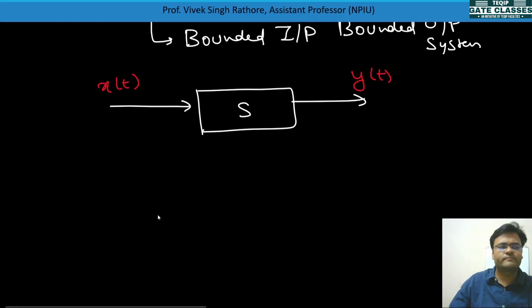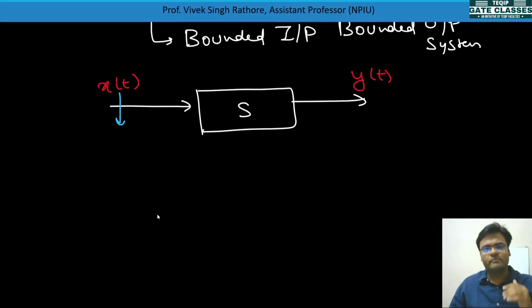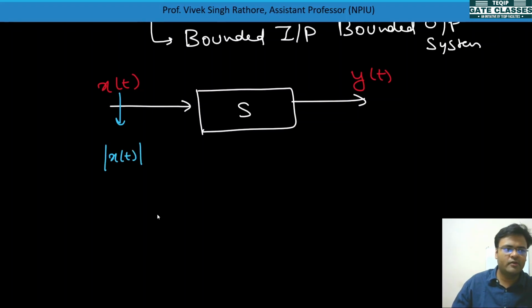So see, I told you earlier also about bounded and unbounded signals. Whenever we say bounded, it means amplitude bounded. So if our xt is a bounded signal, if we take its magnitude, it will always be finite, equal to or less than a finite value.